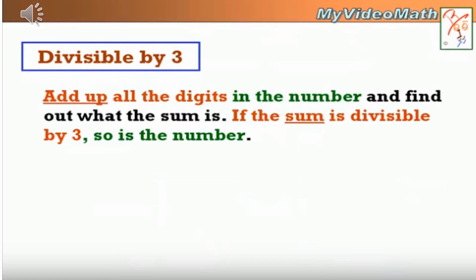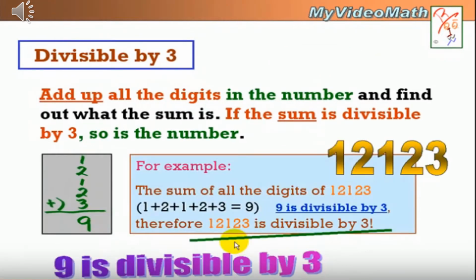When is a number divisible by 3? Well, the number is divisible by 3 when I add up all the digits in the number and find out if the sum is a multiple of 3. Let's get the number 12,123 and see if it's divisible by 3. How can we determine if it's divisible by 3?